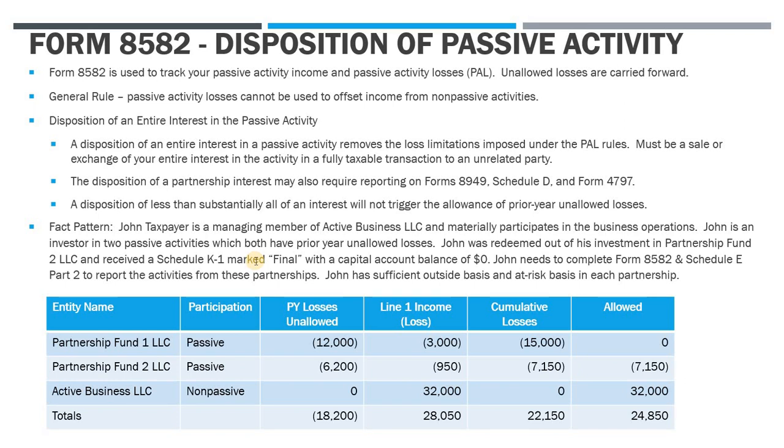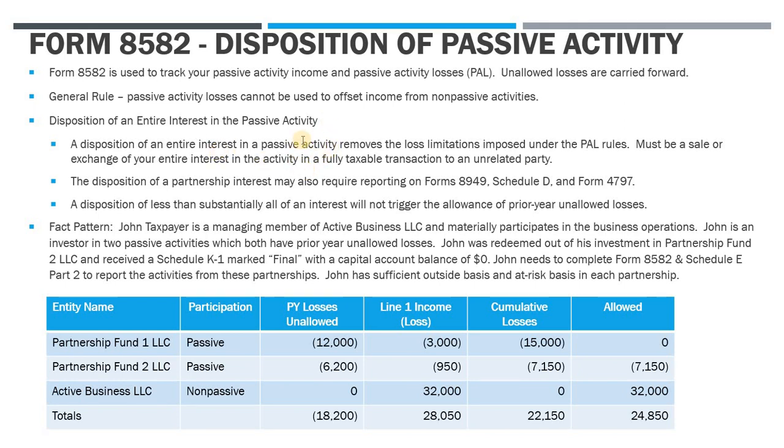So the general rule when we talk about passive activity losses is that you cannot use them to offset income from non-passive activities. Now there's a handful of exceptions, and one of these big exceptions, which we're addressing in this video, is when you dispose of the entire interest in that passive activity.